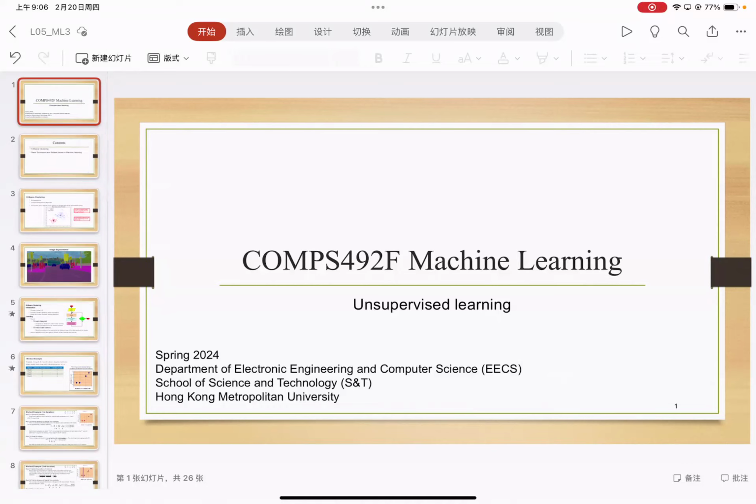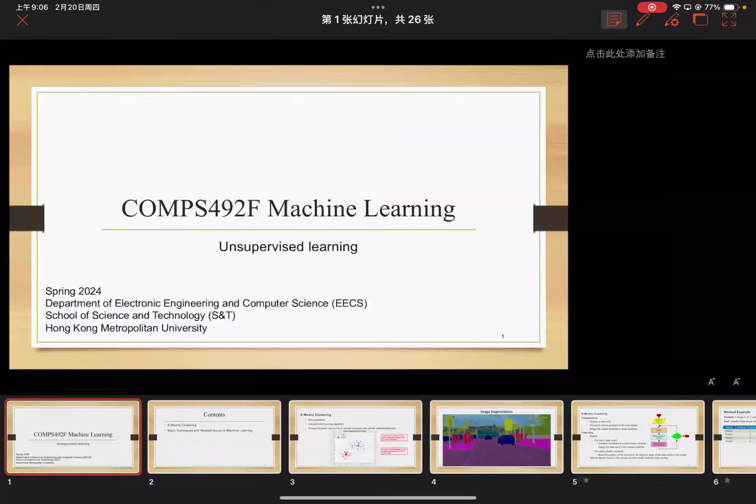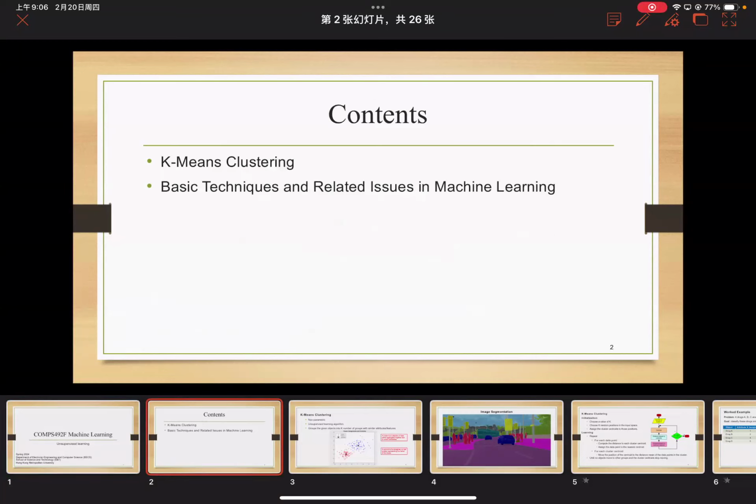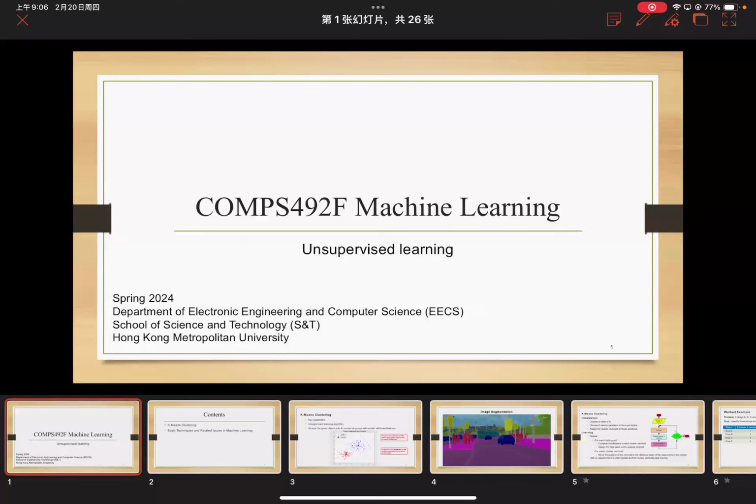So let's first talk about the lecture today. Today we're going to talk about unsupervised learning. Previously, we've talked about supervised learning, which means every sample you have a label or a target value based on the features.